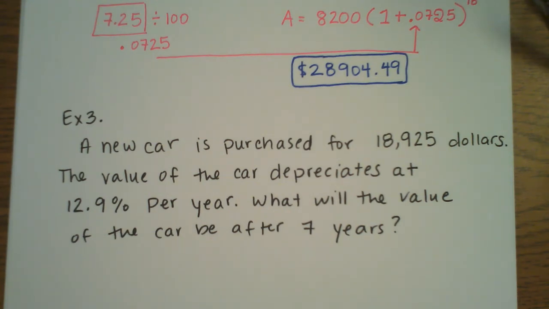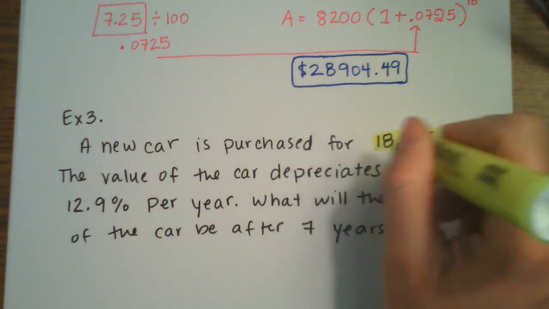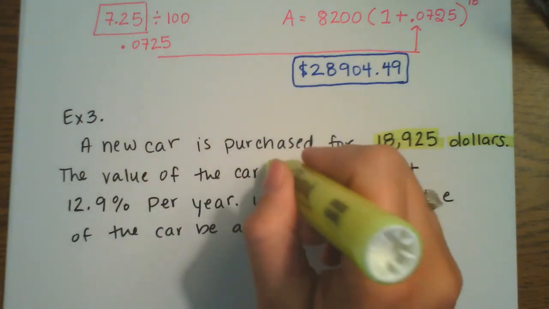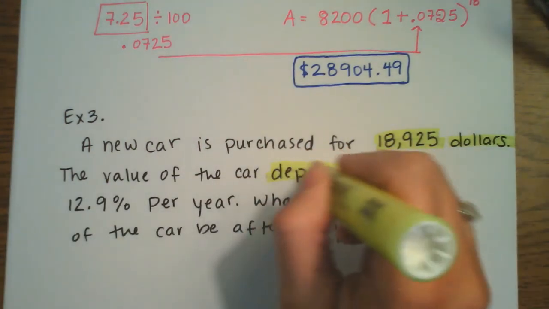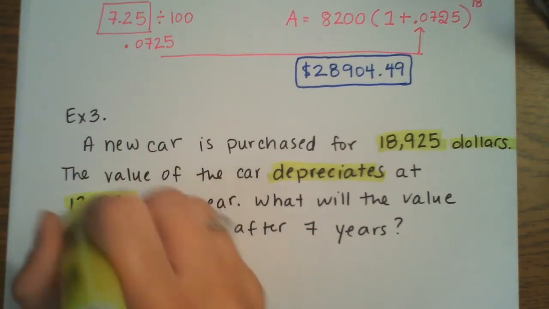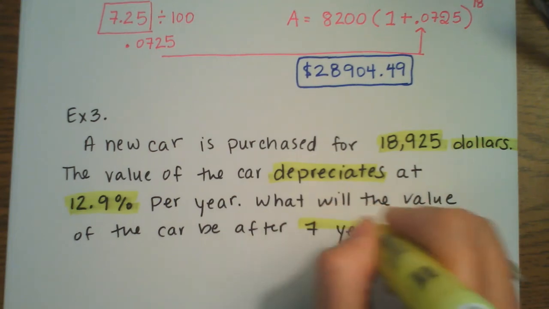Okay, we're going to highlight the important information. We've got $18,925. The value of the car, this was a new word for some of us, depreciates at 12.9%. What will the value of the car be after 7 years?